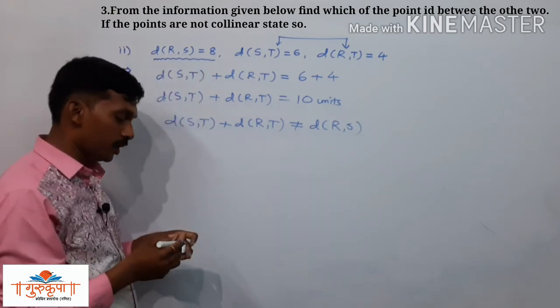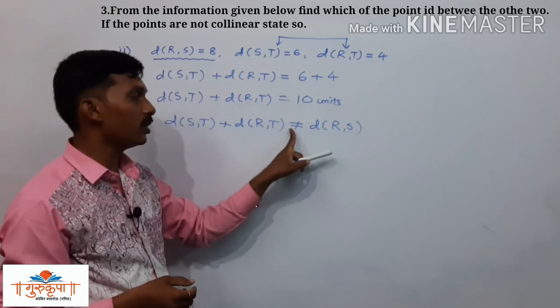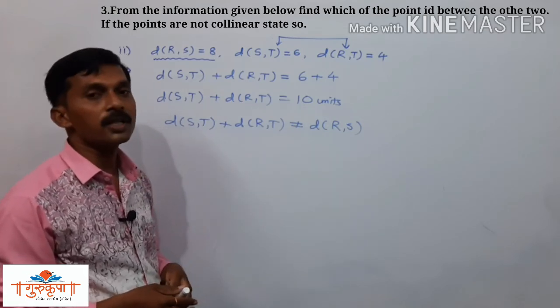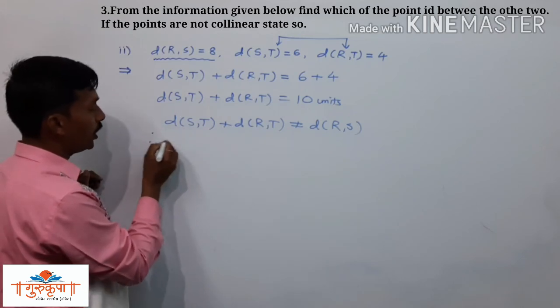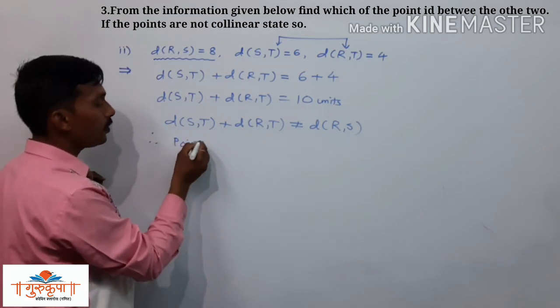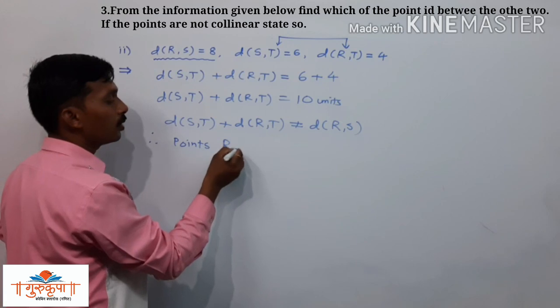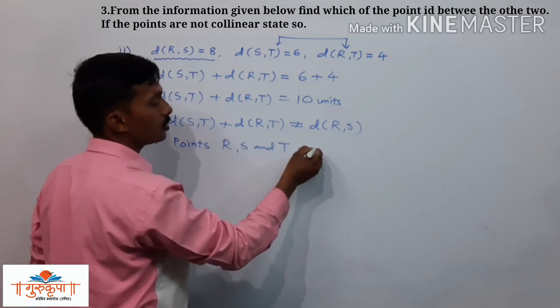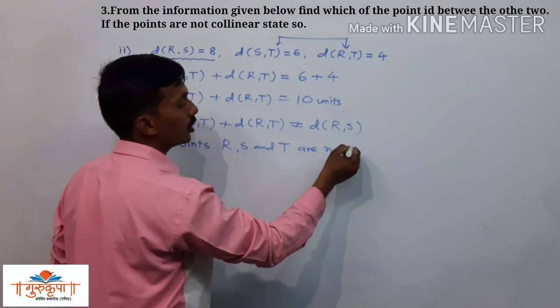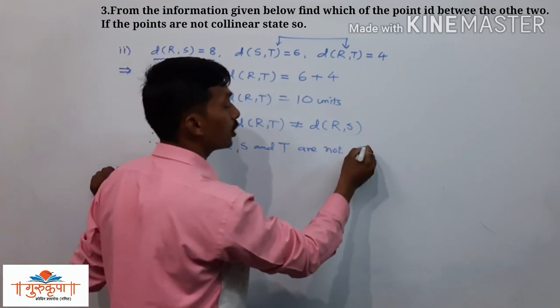Since the sum of the two distances is not equal to the third distance, the points are non-collinear. So here we can write, therefore points R, S and T are not collinear, or you can write non-collinear.